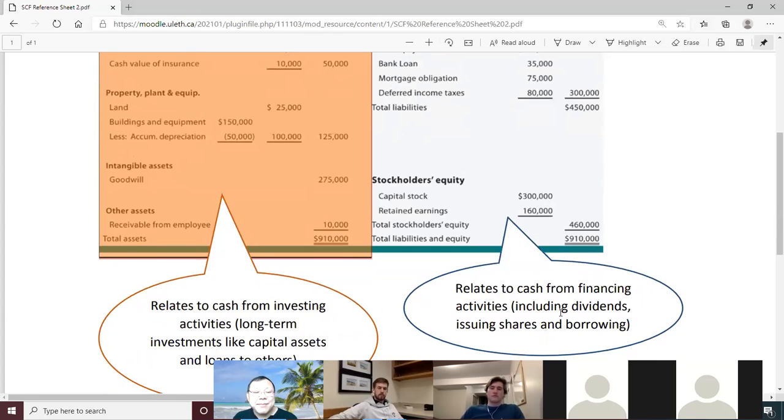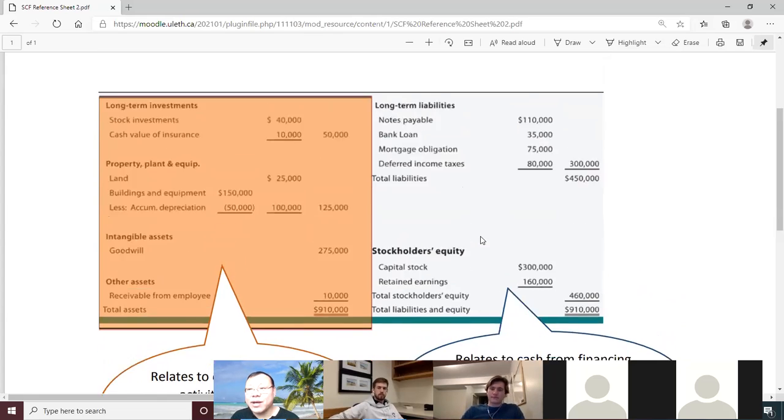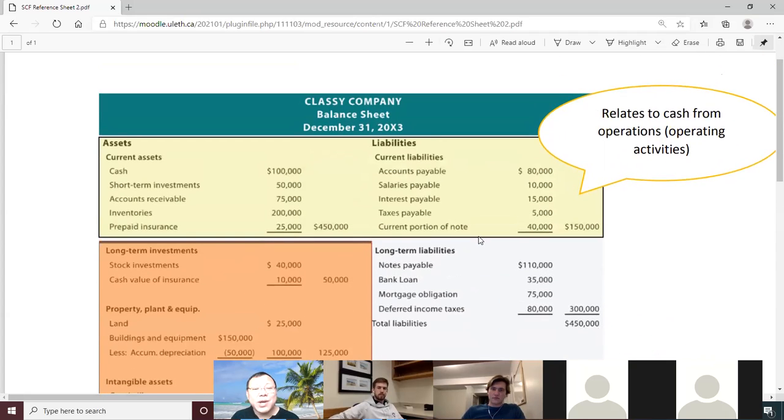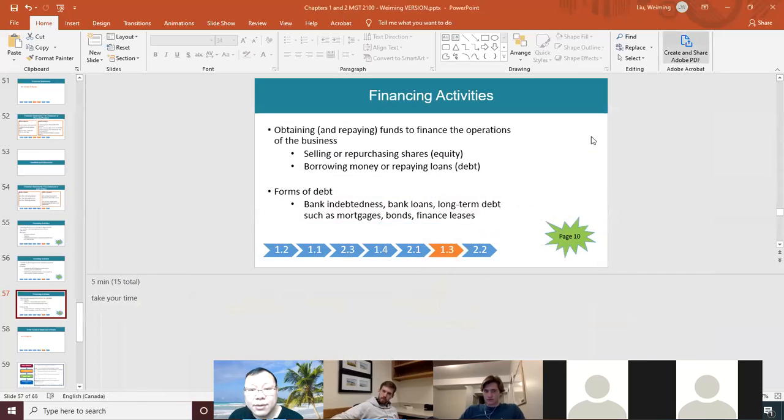Okay, did I make this clear? Yes or no? Yeah, okay, awesome. So it's important to know what part of the balance sheet is dealt with by the different activities. So I'm gonna go back here.